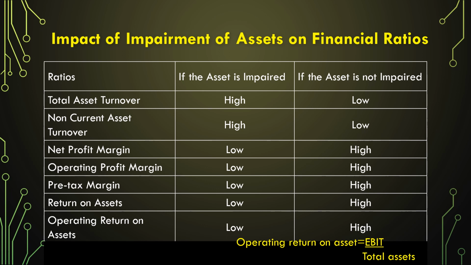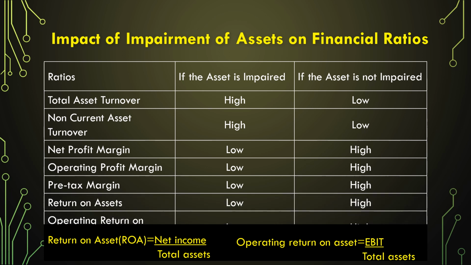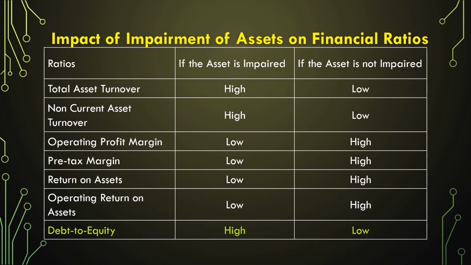Therefore, in the subsequent period, operating return on assets will show a higher figure. Debt to equity ratio will rise because the impairment loss has lowered the value of equity. However, without an impairment, this ratio will be low.